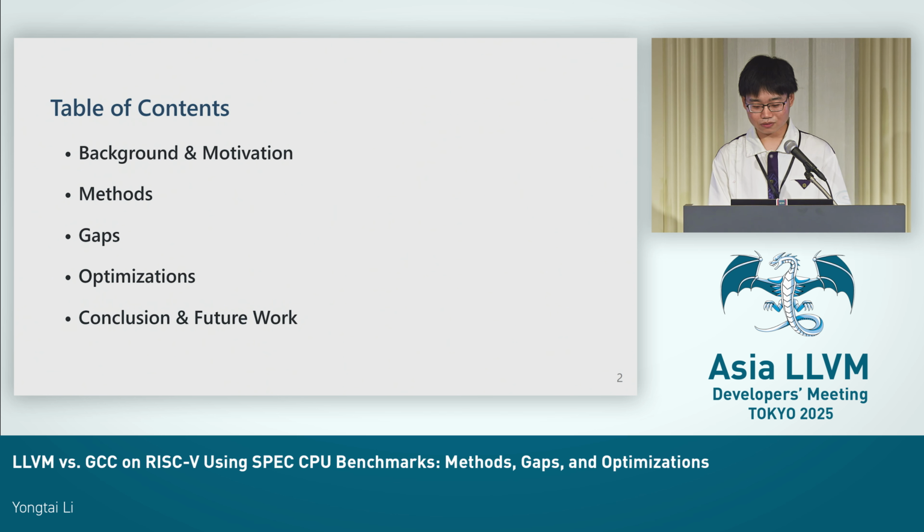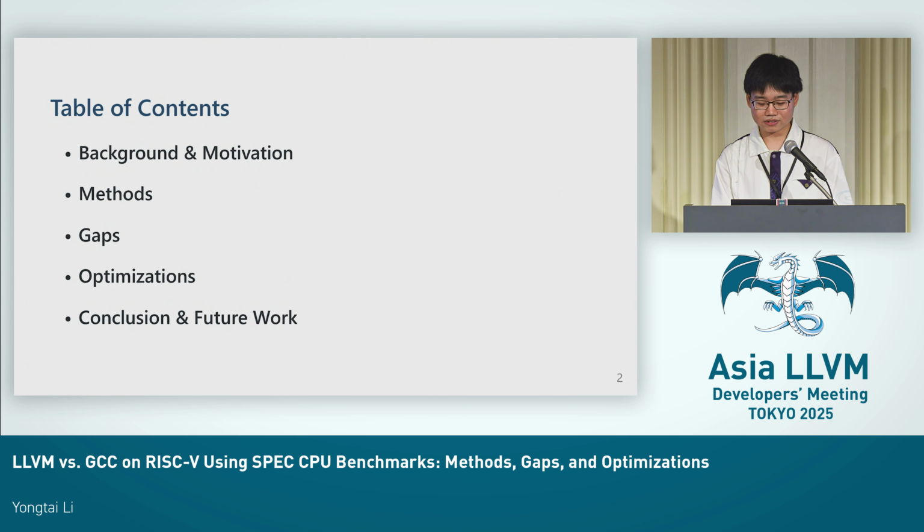Okay, here's what I will cover in this talk. First, I will explain why RISC-V and compiler performance are important. Then I will introduce our methodology, describing how we tested LLVM and GCC.